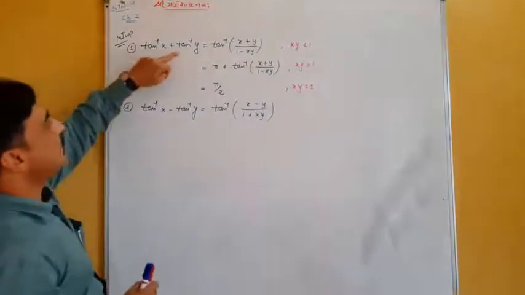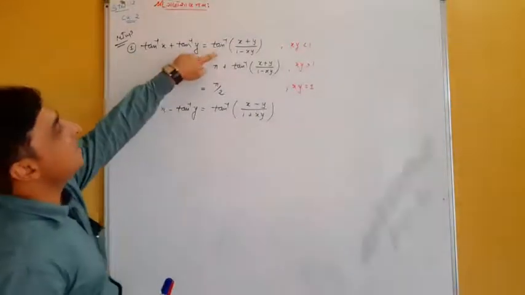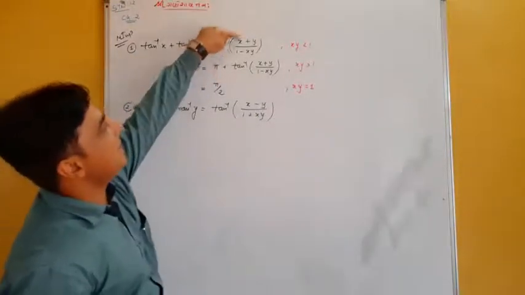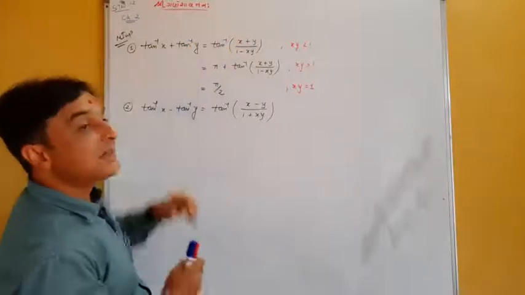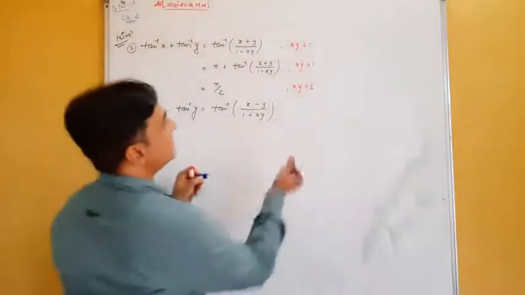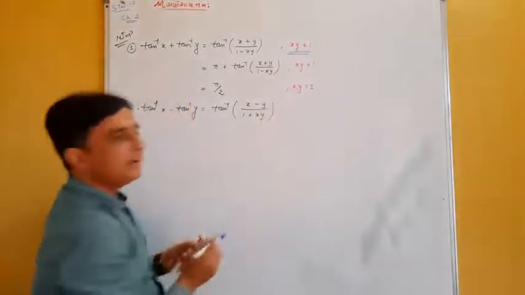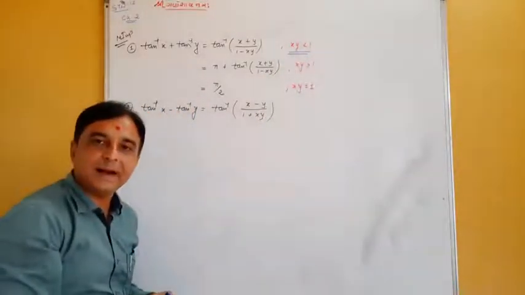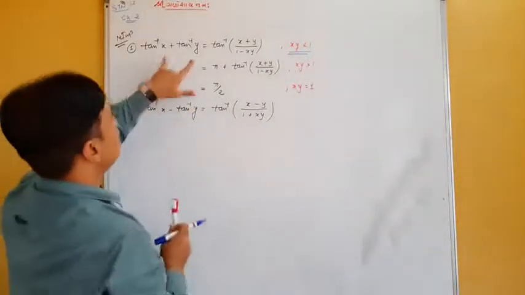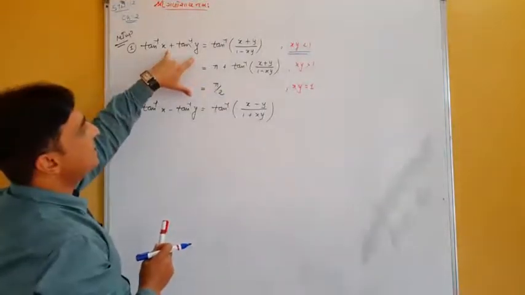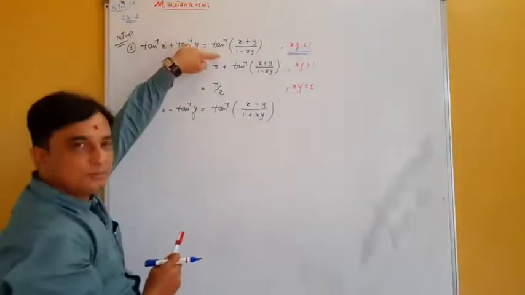So tan inverse x plus tan inverse y is equal to tan inverse of (x plus y) upon (1 minus xy). For this, the condition is that if the product of x and y is less than 1, then we have to use this first formula.